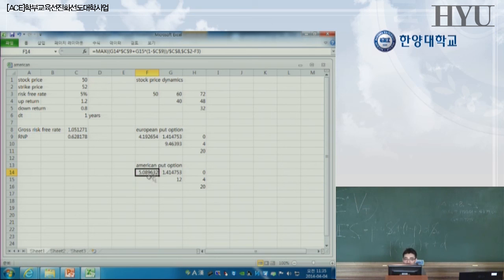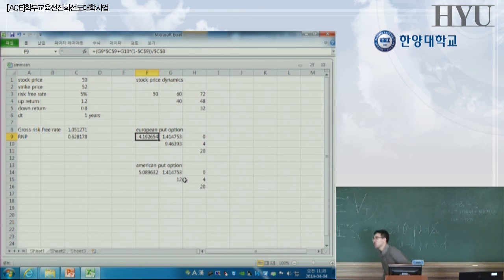So this is the initial state, so this is the American put price. Clearly, if you compare this one and this one, the American put value is higher than the European put value. This makes sense, because an American option is more valuable than a European option only if there is a possibility that I exercise the option before maturity.